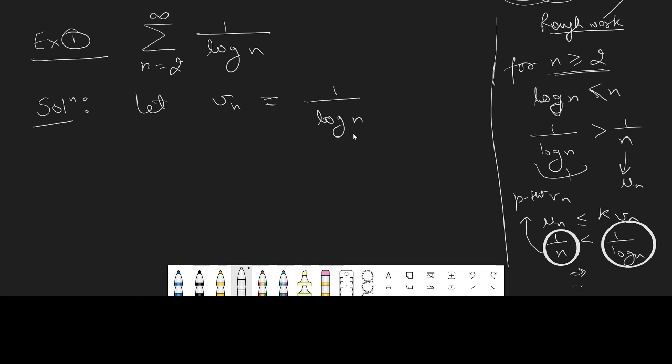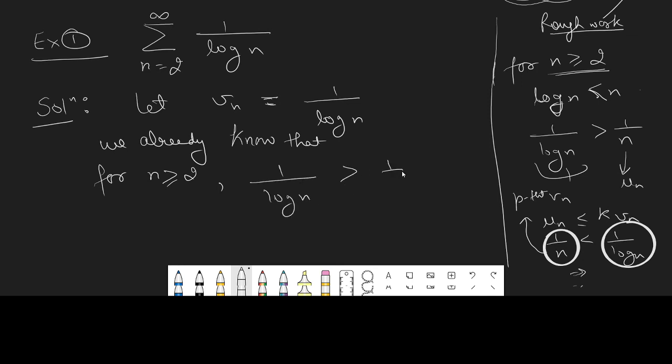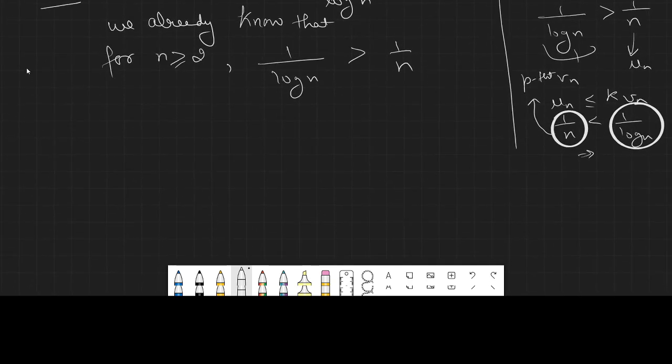So if vn is this, we already know that for n greater than or equal to 2, 1 by log n is greater than 1 by n. Okay, 1 by log n is greater than 1 by n.